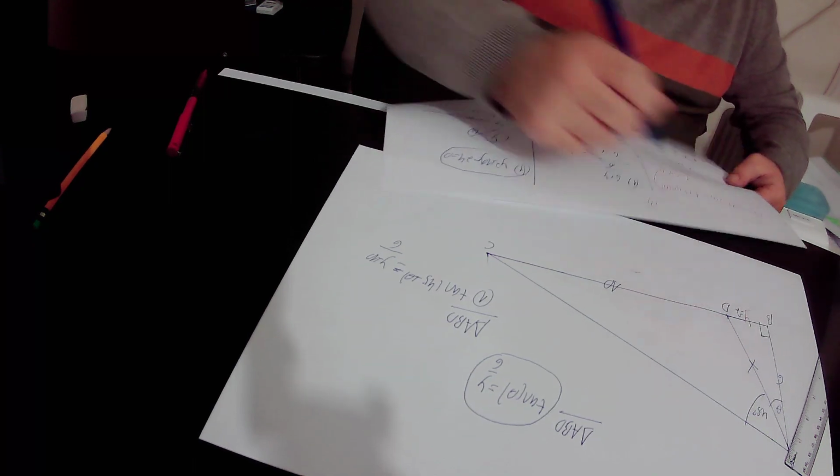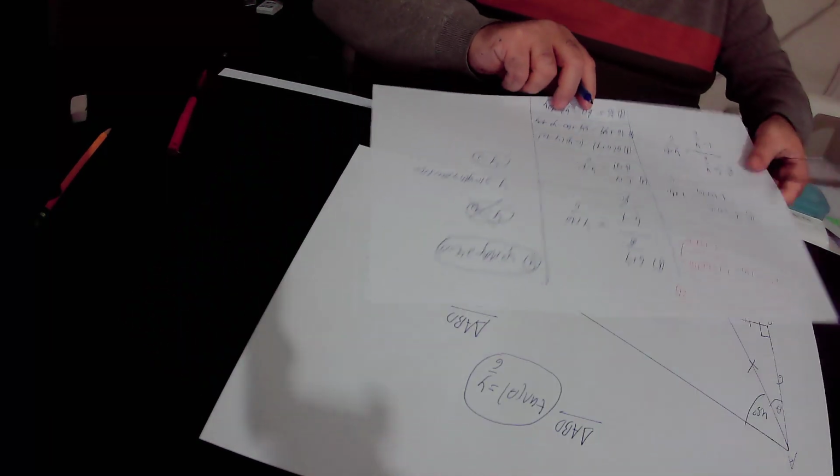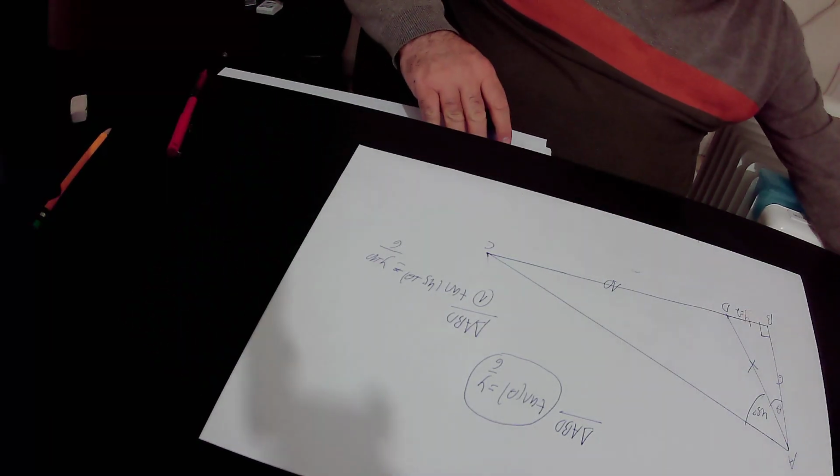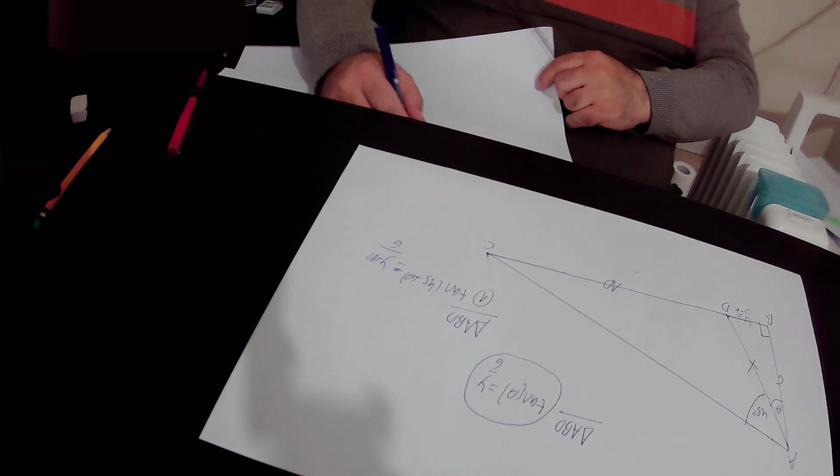So I'll copy the right triangle, triangle ABD, in the new page, and we'll implement the Pythagoras theorem on the right triangle, triangle ABD.